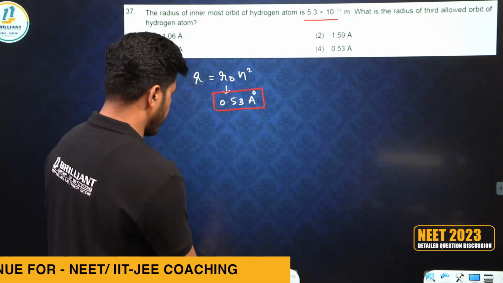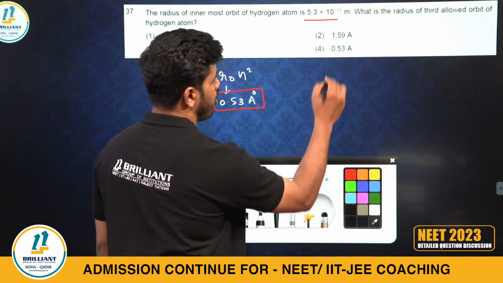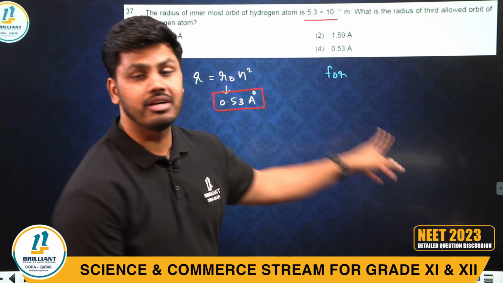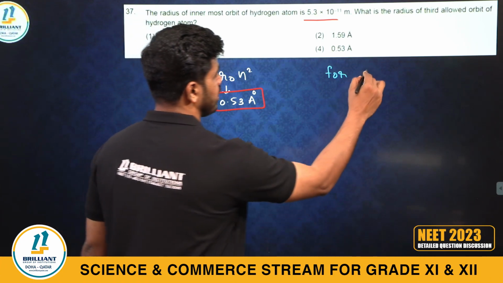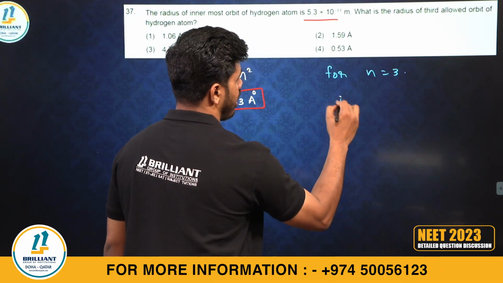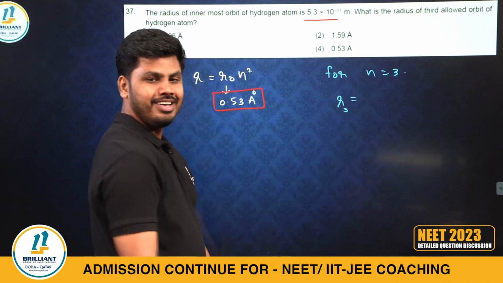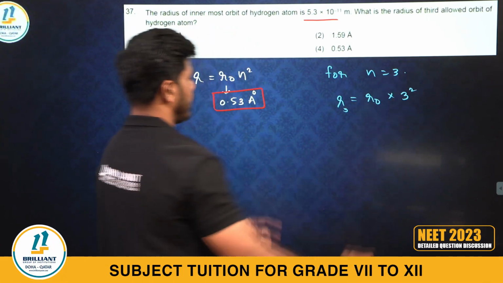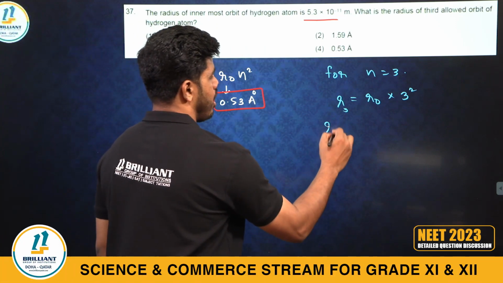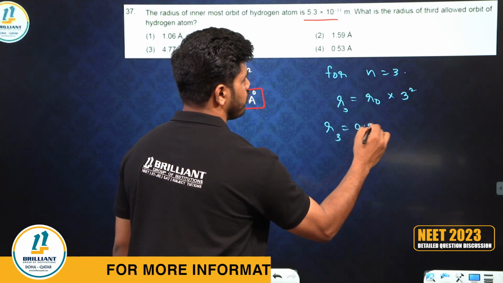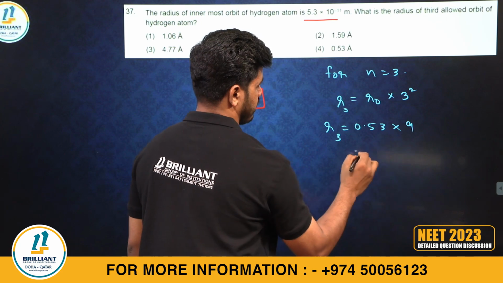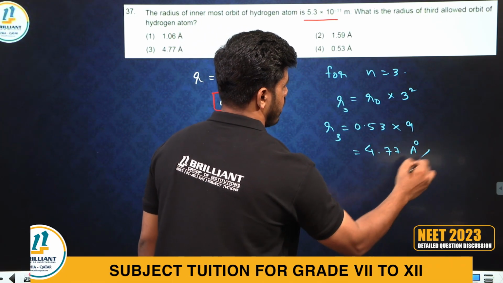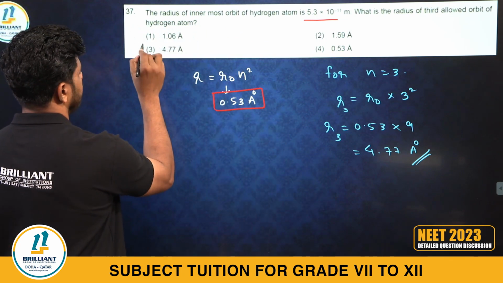You are asked to find what is the radius of nth orbit. N is equal to 3 here, right? Third allowed orbit. N is equal to 3. We can calculate R3, radius of the third orbit, is equal to same R0 into 3 square, right? N square becomes 3 square. So R3 is equal to 0.53 into 9, right? And that is going to be 4.77 angstrom, option 3. See?